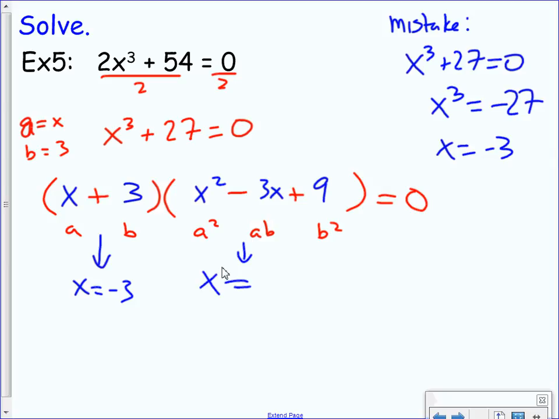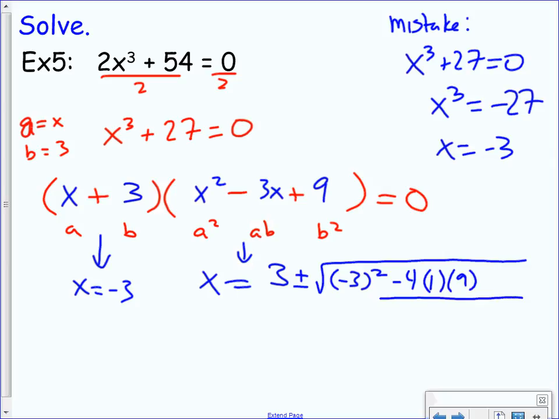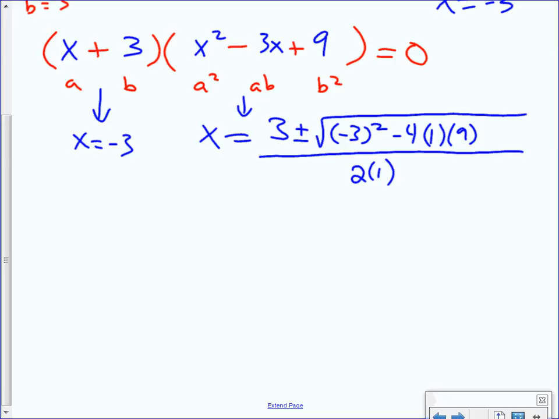X is equal to 3 plus or minus the root of negative 3 squared minus 4 times 1 times 9, all over 2 times 1. Here we go. 3 plus or minus something over 2.